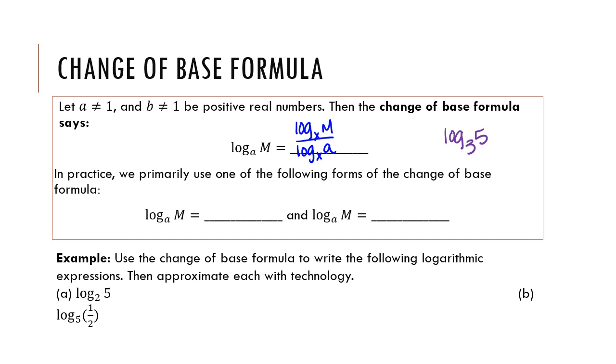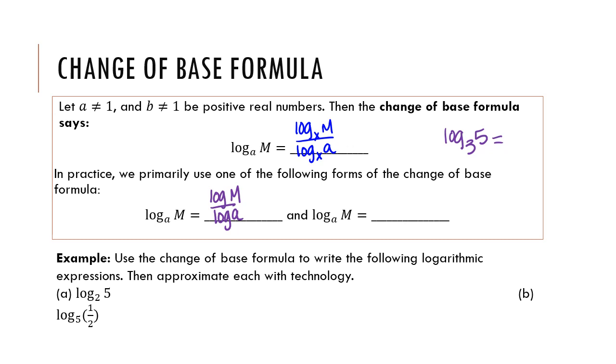This allows us to change something like this into a value that I can actually plug into my calculator. So normally, instead of letting x be a random number, we usually have it be 10, so that we can rewrite this as log of m over log of a, and use our calculator to evaluate that with log base 10.